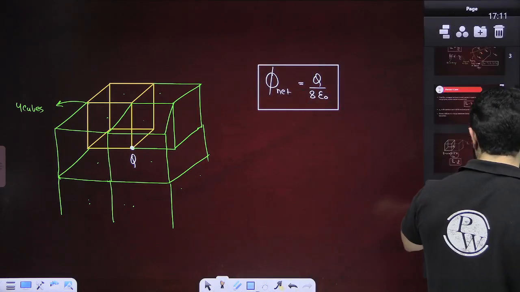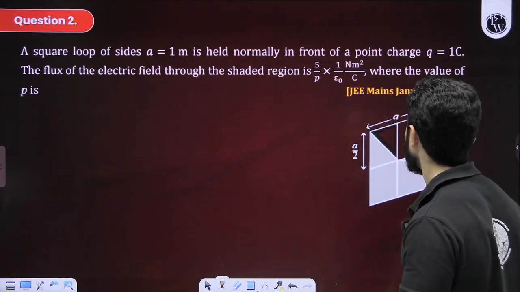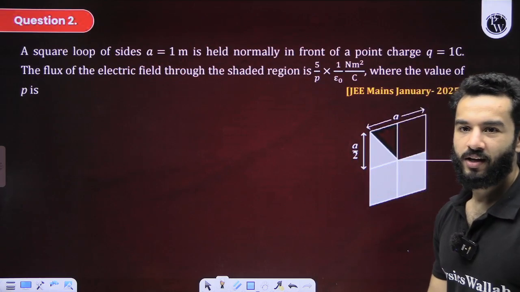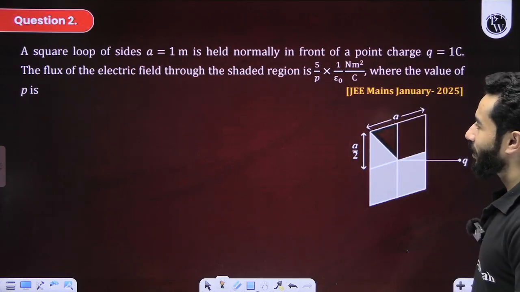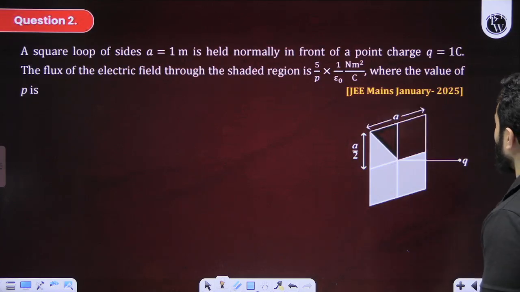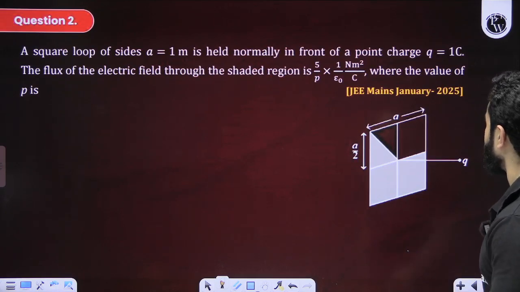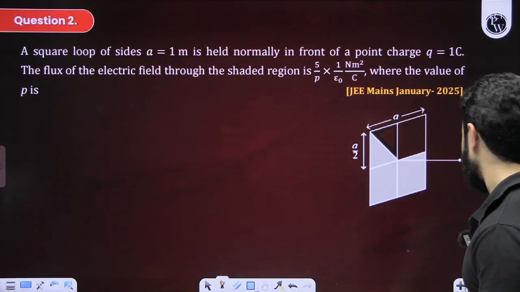Now let's have a look at one of the questions related to this, and this was from JEE Mains 2025. They are saying that a square loop of side a equals 1 meter is held normally in front of a point charge. The flux of the electric field through the shaded region is this, where the value of P is, right?